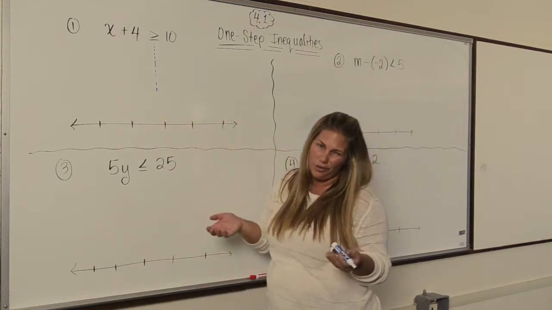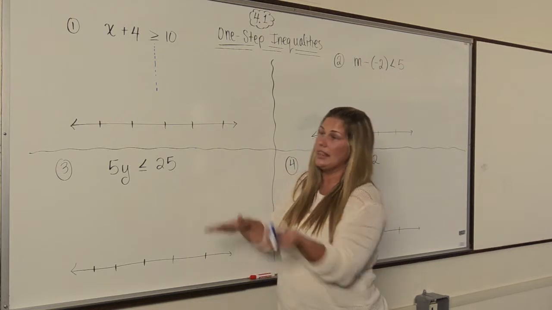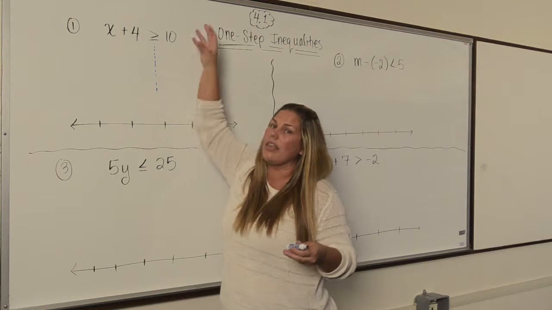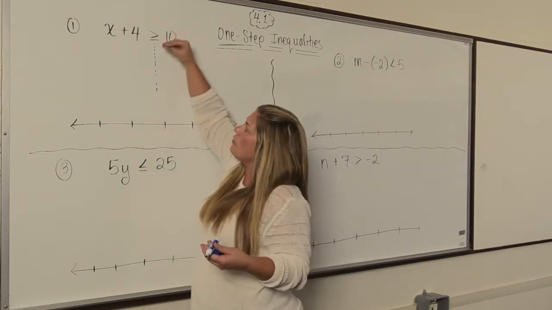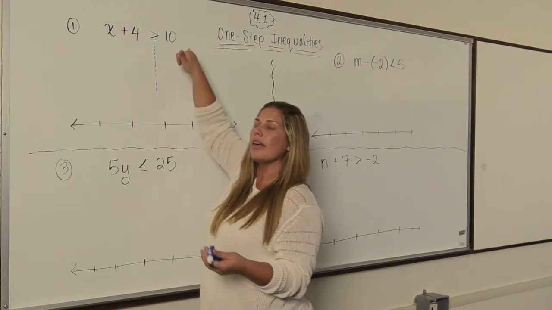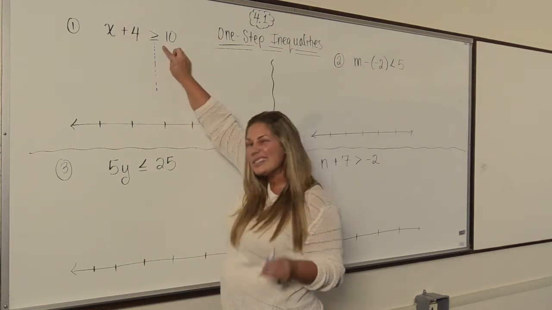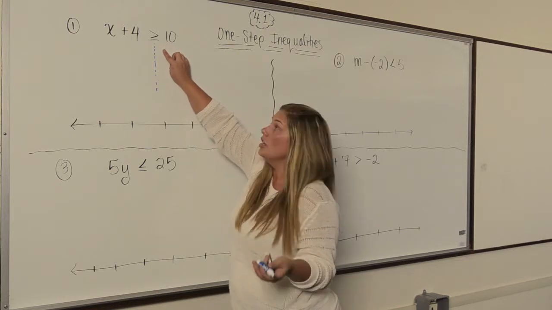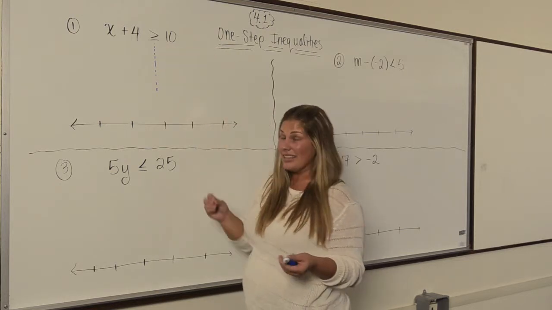Remember from like 4th or 5th grade when your teacher stood up front and said the alligator's hungry. The alligator always wants to eat the one that's bigger. So if it wants to eat the x and the 4, that means the x and the 4 are bigger than the 10. But what does that little line underneath mean? Remember that little line is equal. So it can also be exactly 10.